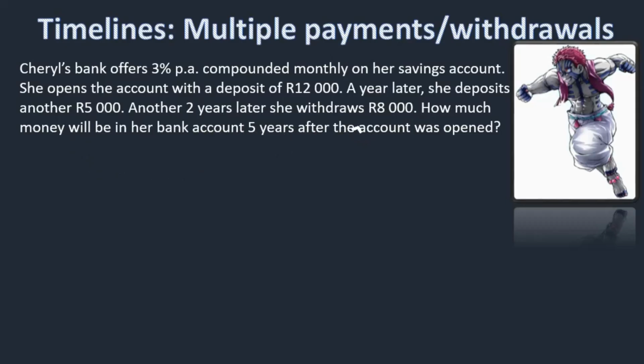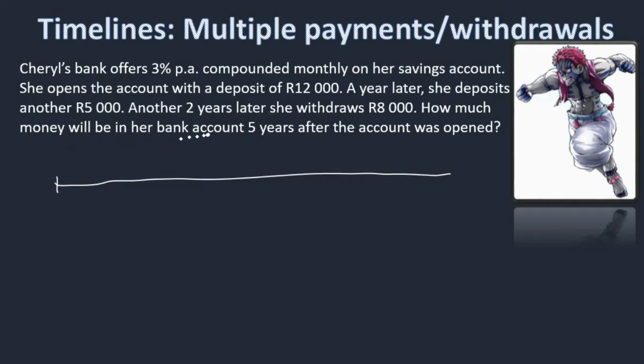Very tricky, but we can see there are so many breaks in between, which means this is a timeline. Remember, we're not going to tell you that the question is a timeline. You are just supposed to know that it's a timeline. So this is happening for how long? When I read the statement, I see that this is happening a year later, another 2 years later.